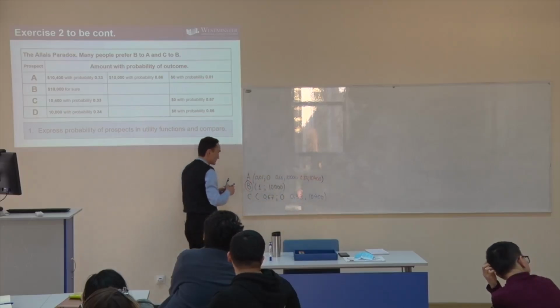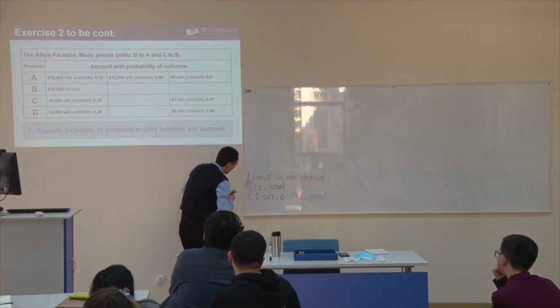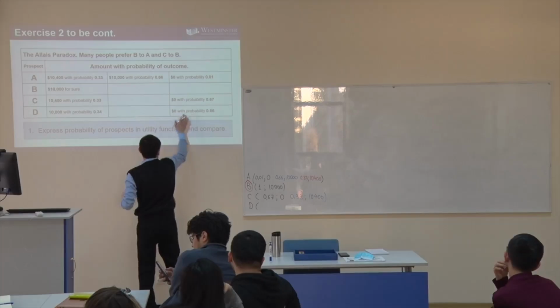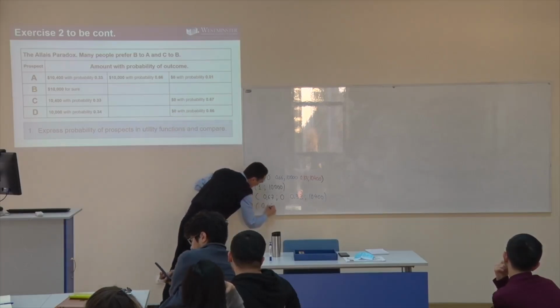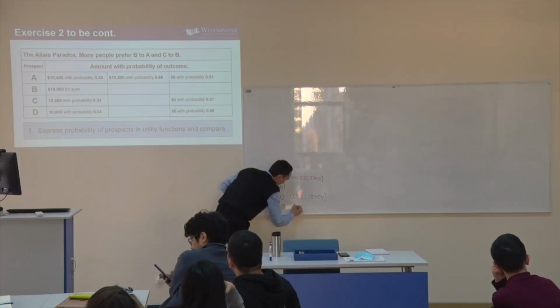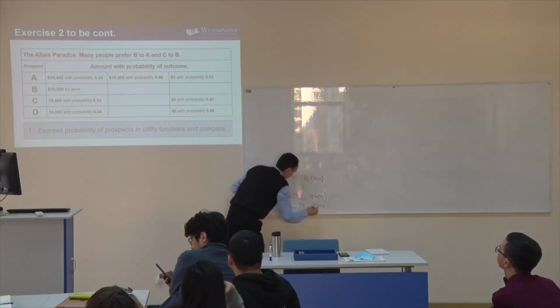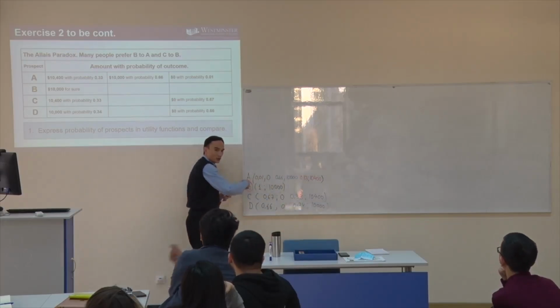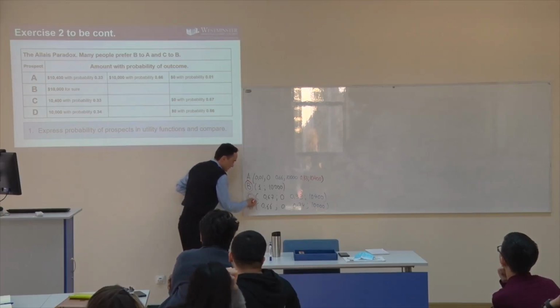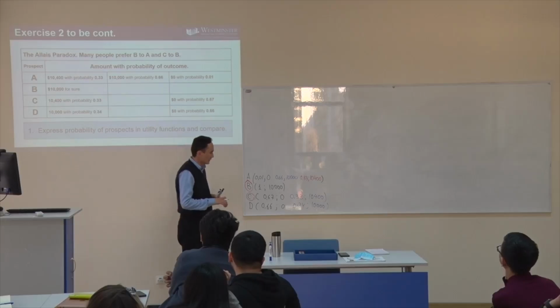All right, this is prospect C. In the case of prospect D, there is 66% probability of 0 payoff, and there is 34% probability of $10,000. So those people who chose B were asked, which one are you going to choose, C or D? So most of the people chose C, okay? Most of the people chose C.